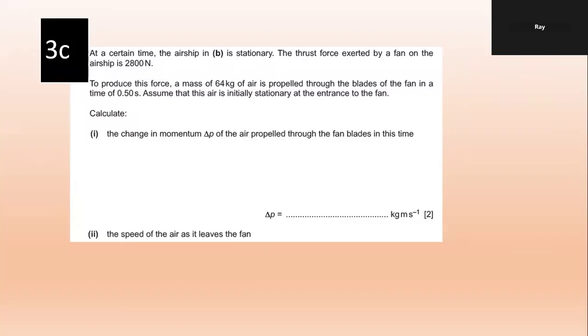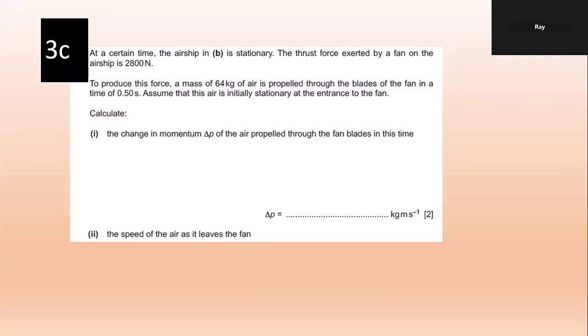At a certain time, the airship is stationary. The thrust force exerted by the fan on the airship is 2,800. To produce this force, a mass of 64 kilograms of air is propelled through the blades of the fan in a time of 0.5 seconds.